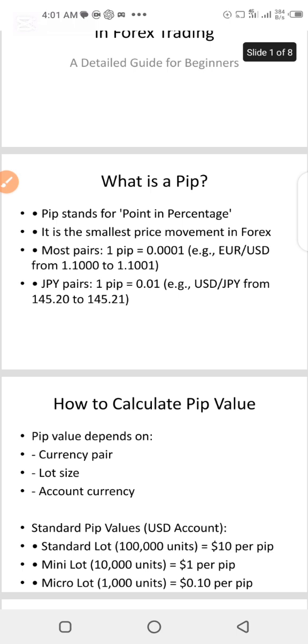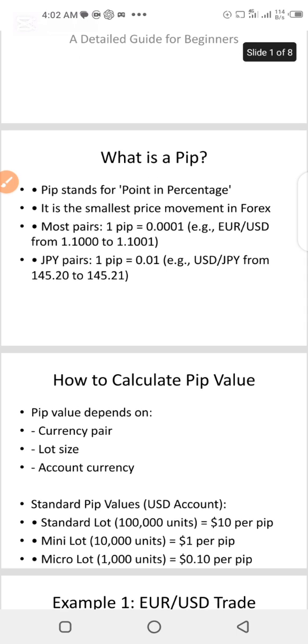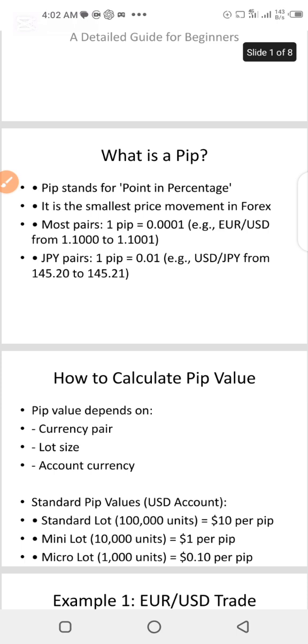While for other pairs, like EUR/USD, it is 1.1000 or 1.1001. Okay, that's 1.1001, right? So now, JPY pairs, 1 pip is equal to 0.01.